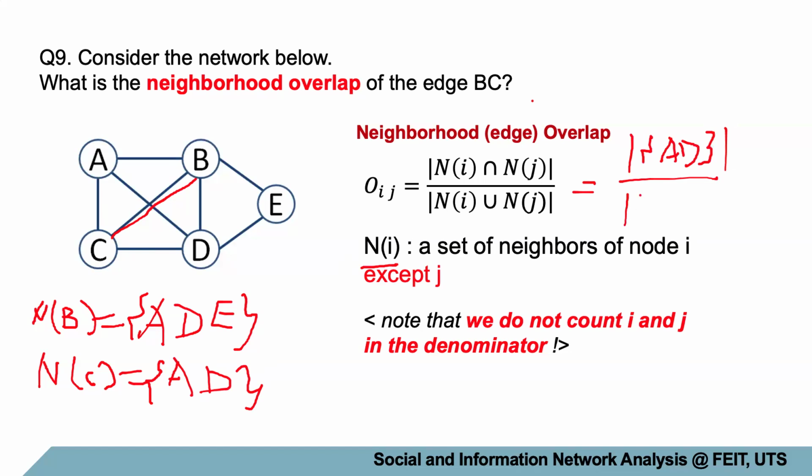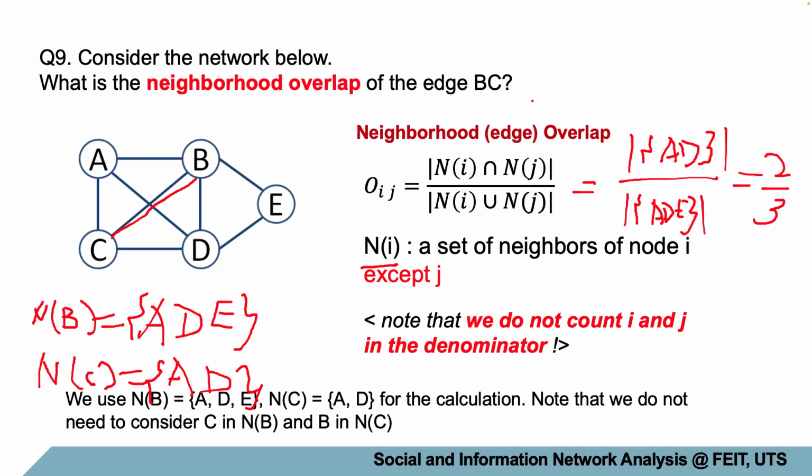And the union of these two sets will be A, D, E. So the answer is 2/3. That's the answer. Is it clear? Any questions? Okay, good.